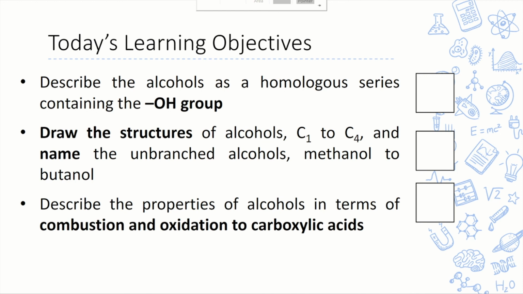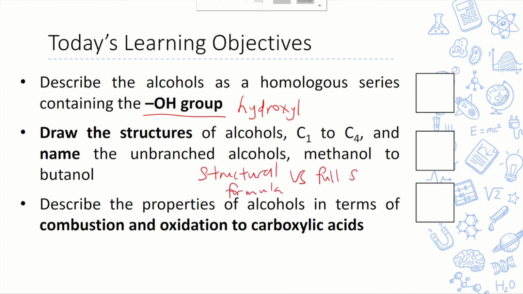So what we learned today is that alcohol is a homologous series which has the OH group, and this OH group is called the hydroxyl group. We also took a look at the structures, the difference between structural formula versus full structural formula.